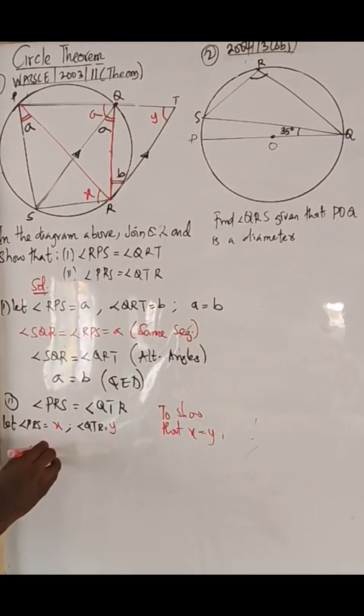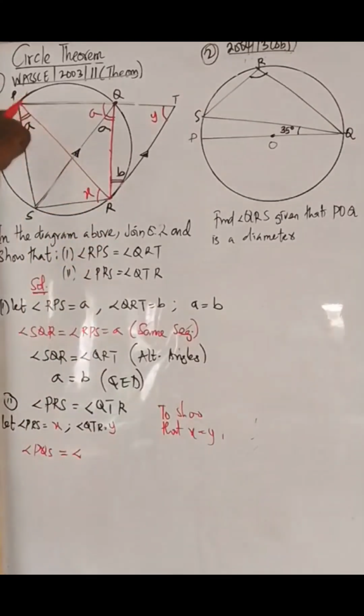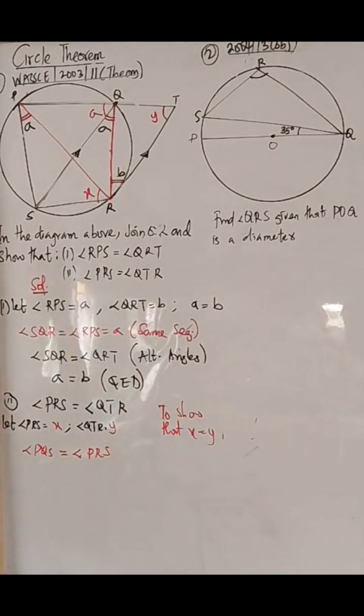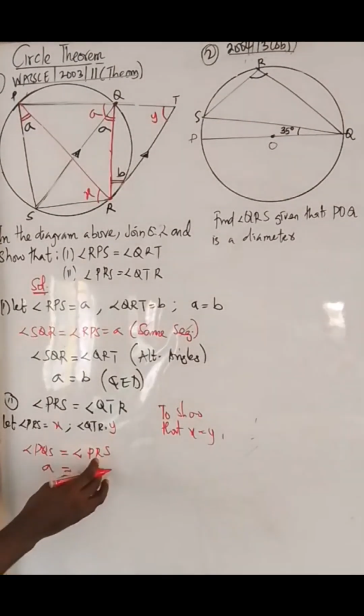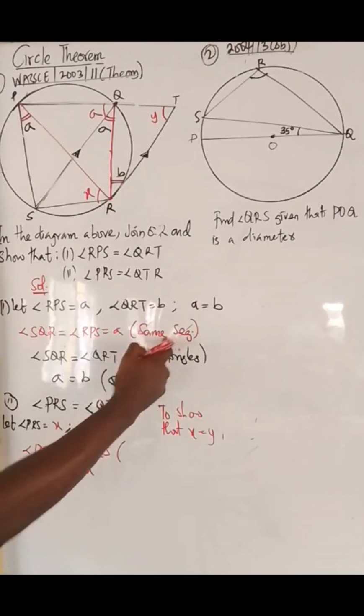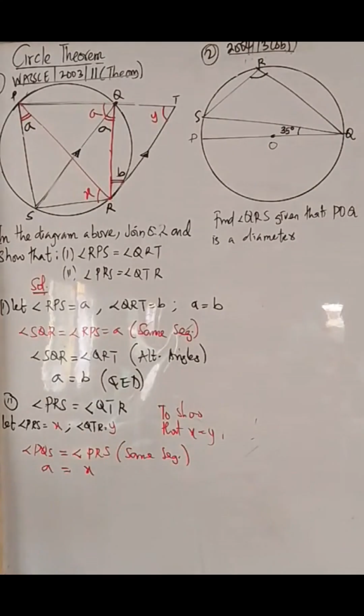Angle PQS must be equal to this angle here, which is PRS. What's PQS? We label it as A, and PRS as X. The reason is the same: angles in the same segment are equal.